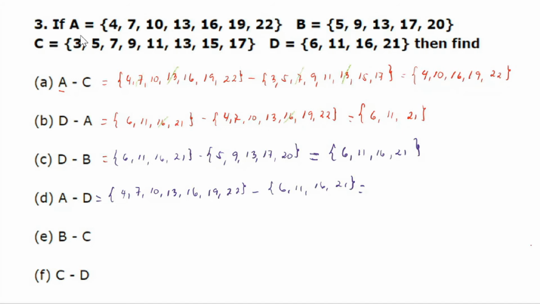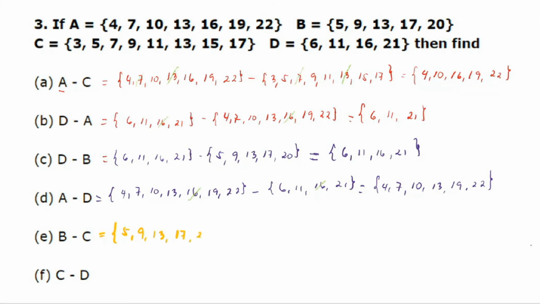So try to look here at set D and then compare it to set A. 6 is not found in set A. 11 also is not. 16 can be found in set A. Therefore, we're going to cancel this one. And 21 is not found on set A. Therefore, A difference D, whose elements now we have 4, 7, 10, 13, 19, and 22.